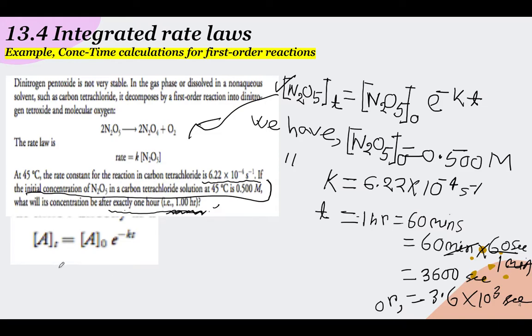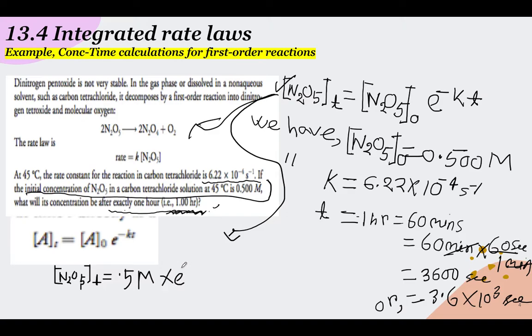So the concentration of N2O5 at time t equals 0.5 molar, the initial concentration, times the e value.